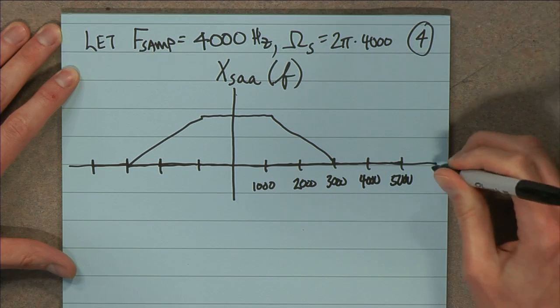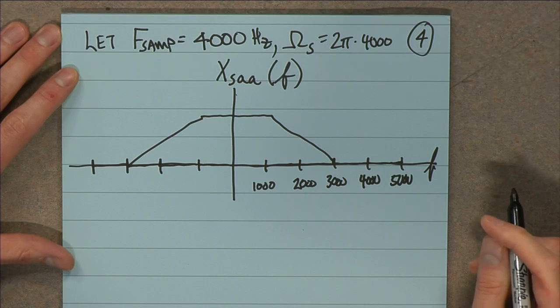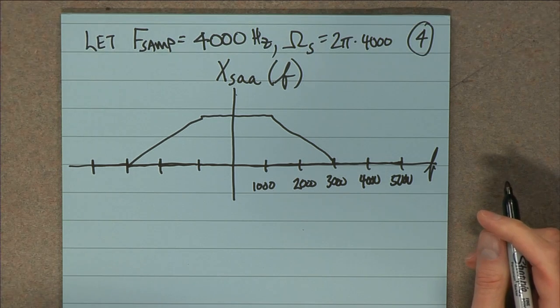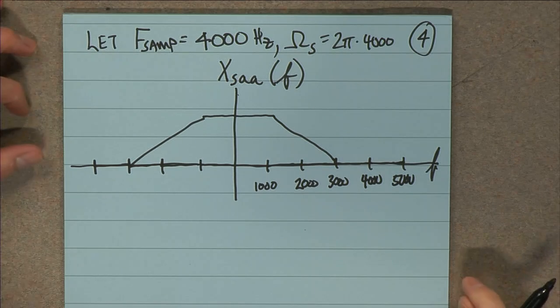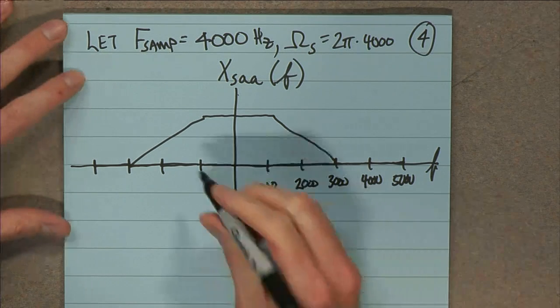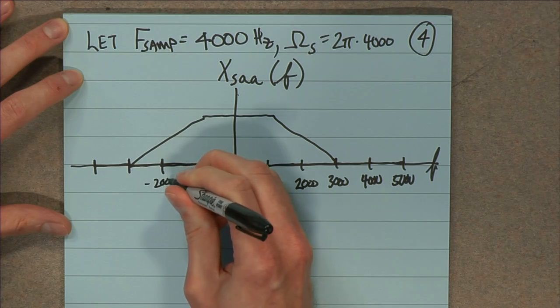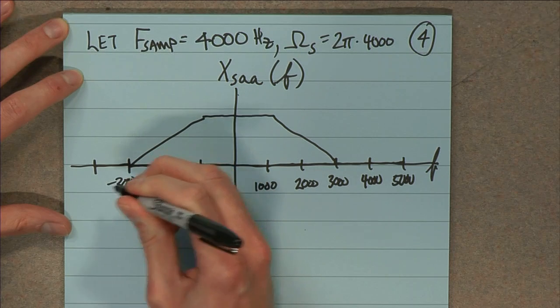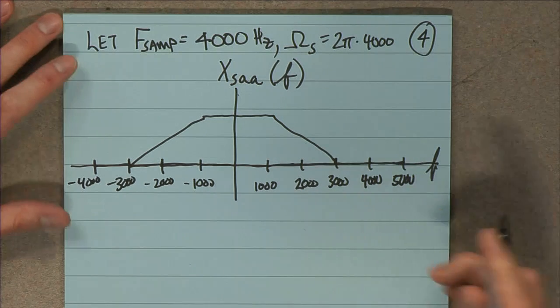Does the pass band mirror to the negative values as well? Yeah. This is a standard low-pass filter with real coefficients, and so let's annotate it as such. So now the shifted copies come into play?